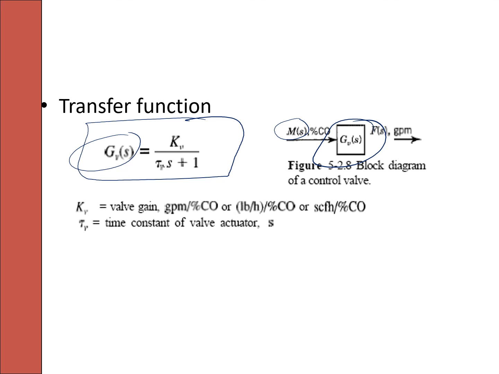The output from the valve is a flow in terms of gallons per minute. This kV is the valve gain, and this is the time constant of the valve actuator.